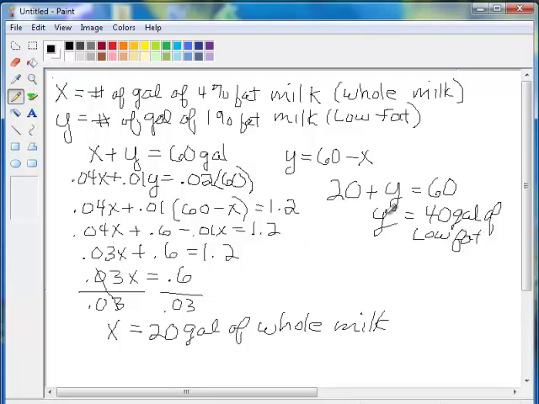Okay. And again, to check it, you would do the same thing as you did in that last problem. We want to see the percentage of fat in each of the mixtures and see if it adds up to this total fat, which is 1.2. So 20 gallons of 4%, so I take 4% of 20.